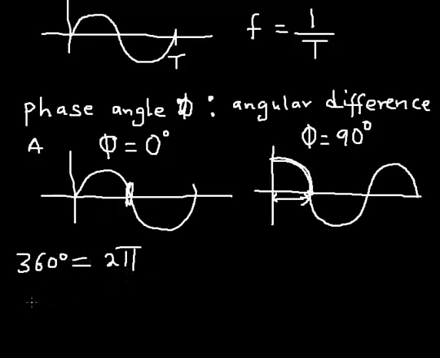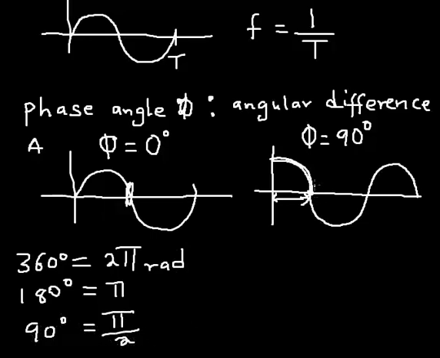So if 360 degrees is 2 pi radians, then 180 degrees, which is half of 360, is pi radians. So that way, 90 degrees is going to be equal to pi divided by 2. So this particular wave now, the phase angle is 90 degrees, which in radians is pi over 2 radians.